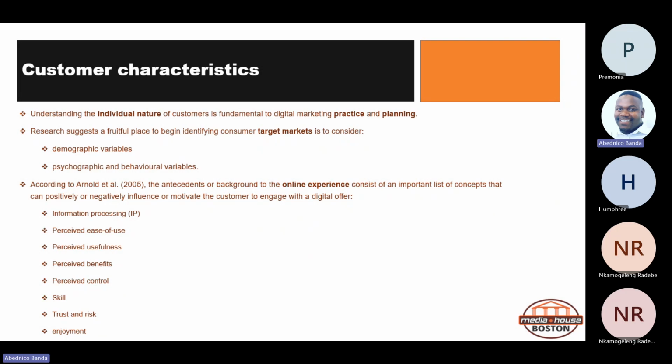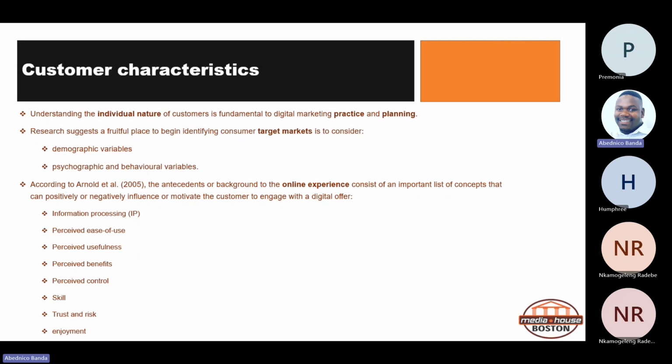Okay. Perceived control. What control do I have with that? Can they wait for me when I'm late, or is it beyond my control? What about the skills that are required, especially when you're operating a website? Do I need skills? Is it easy to navigate, even the flight itself? What are the skills that I'm going to need if I want to put on a seatbelt in a flight?